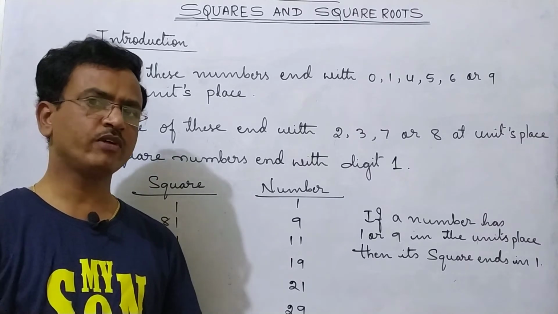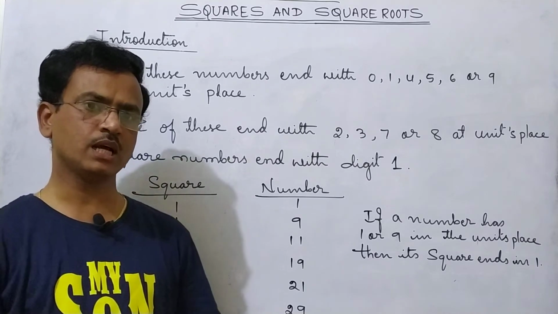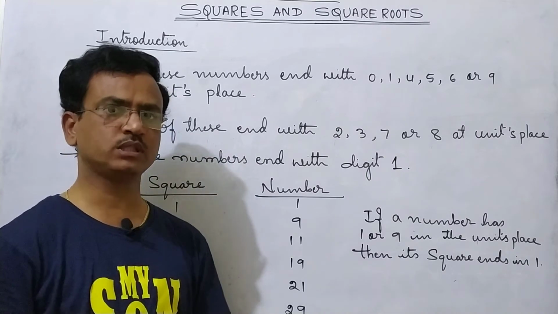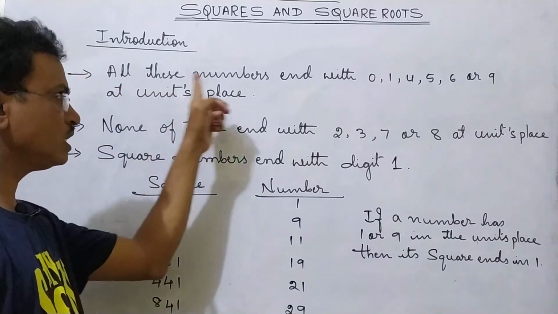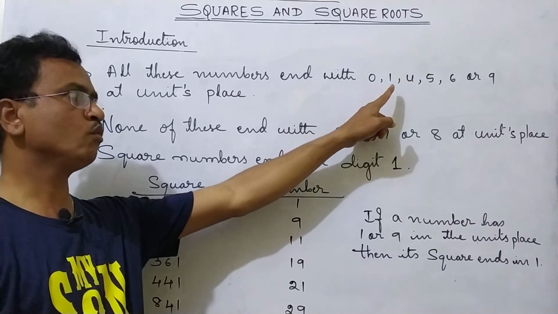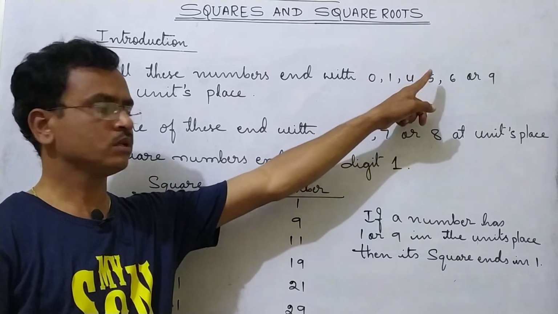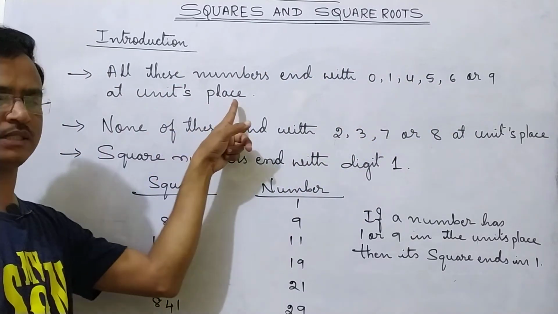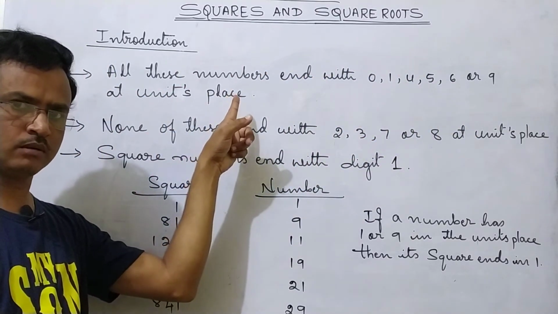So in all these perfect square numbers, you have seen the end digit, that means the unit digit. All these numbers end with 0, 1, 4, 5, 6 or 9 at the units place. This is clear.